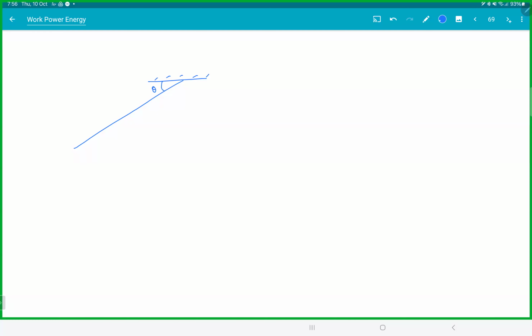So this is theta. At this instant, you have A centripetal this way, A tangential this way, and now you're saying A net is this way.